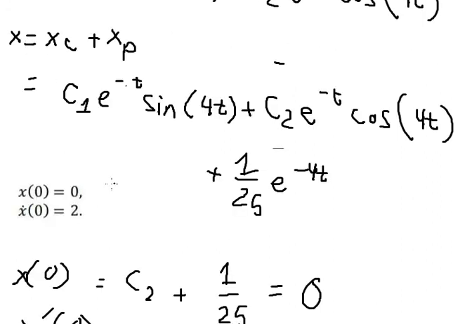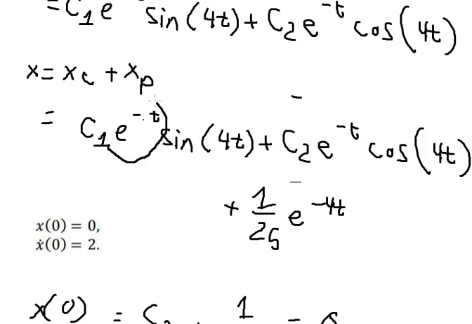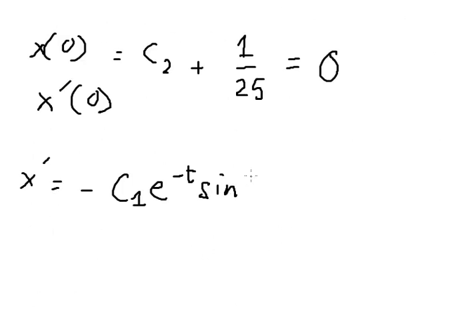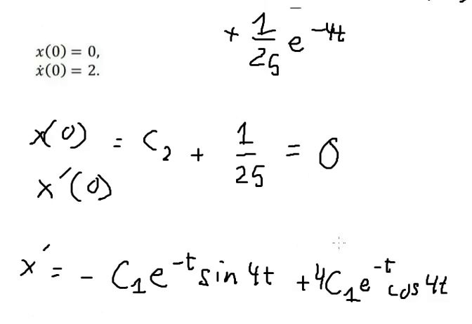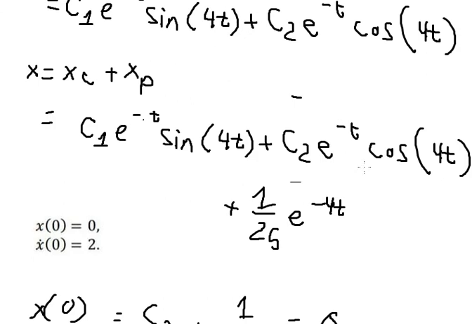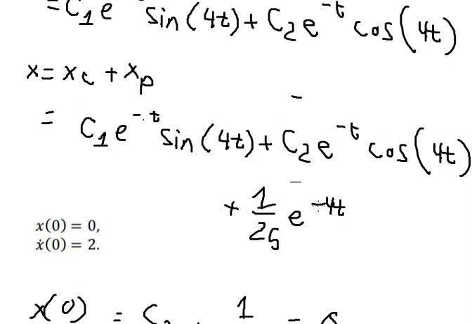So if we do the first derivative of s, we have the first derivative of sine 4t, which is 4 cosine 4t. The first derivative of cosine 4t is negative sine 4t. And we do the first derivative of this one, we have negative 4.